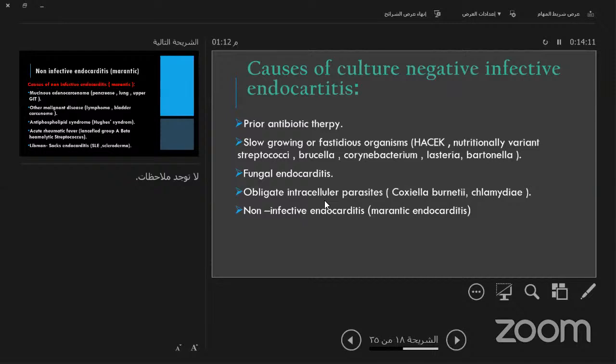Causes of culture-negative infective endocarditis: prior antibiotic therapy, slow-growing or fastidious organisms, fungal endocarditis, obligate intracellular parasites like Coxiella burnetii or Chlamydia, and non-infective endocarditis such as marantic endocarditis.